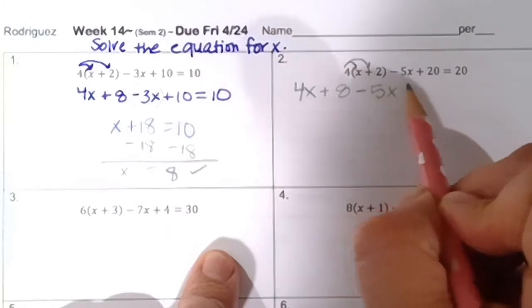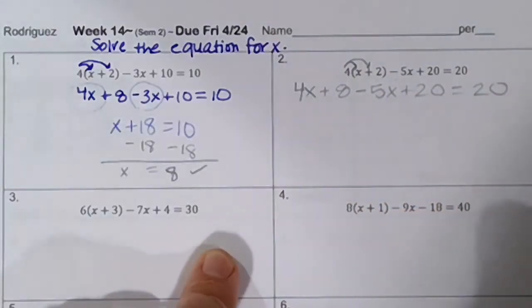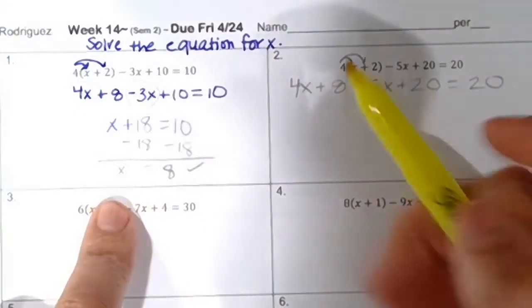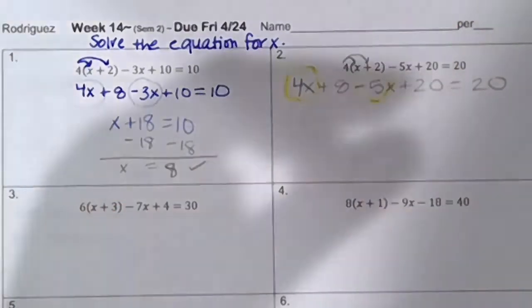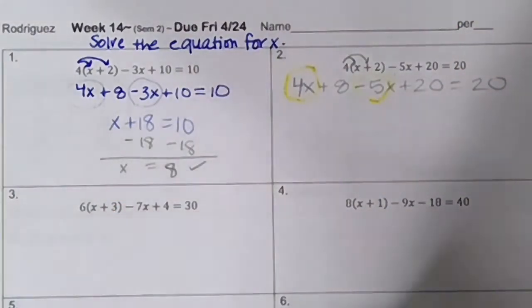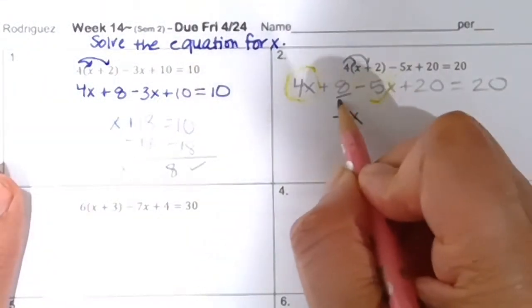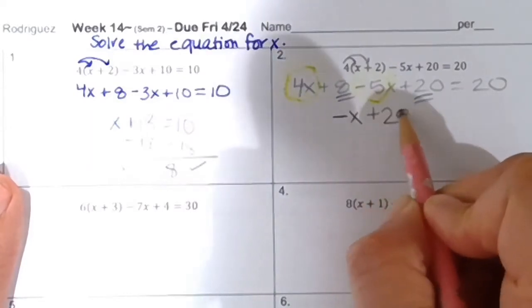Negative 5x plus 20 equals 20. Combine your like terms. And in this case, just always make sure you take your sign in front of your number. So we have a 4x and a negative 5x. 4x and a negative 5x combines to give you negative x. Positive 8 and positive 20 combine to give you positive 28.